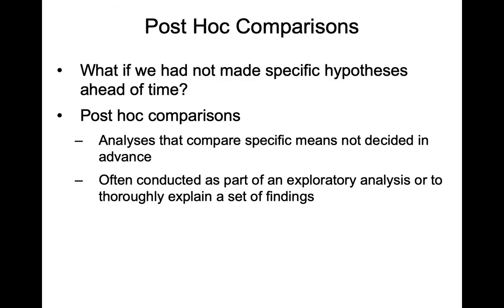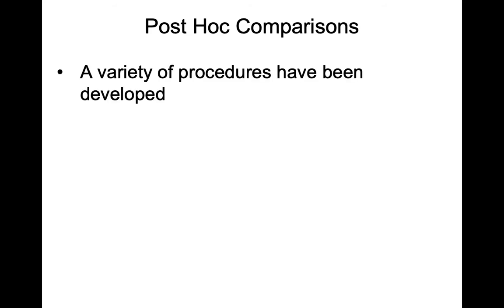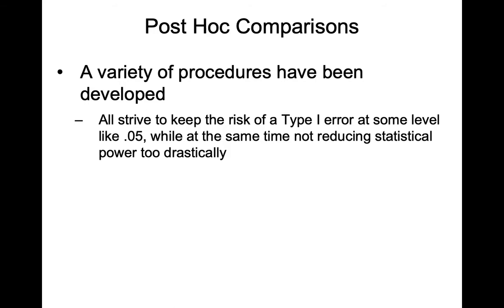It would seem that you wouldn't care. Sometimes it's just done to fully explore the research data. A variety of procedures have been developed. In fact, when you use a statistical software program, there are as many as 20 different procedures for doing post hoc analyses and comparisons. We are not going to learn 20, we're only going to learn 2.